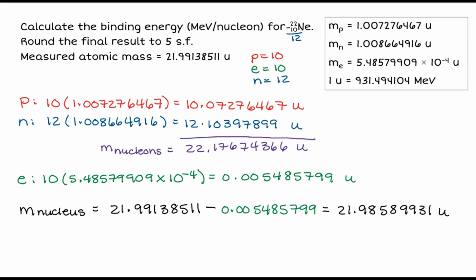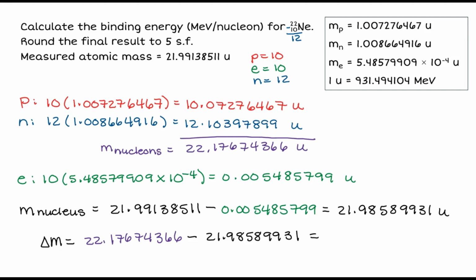Now, when I go to calculate delta M, I'm going to round that to 5 sig figs just for simplicity moving forward. So delta M, which must be positive, so that means we have to take the larger minus the smaller, which will always be nucleons minus nucleus, 22.17674 minus 21.98589931.